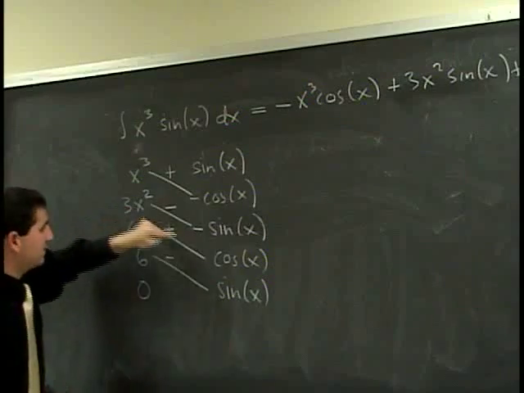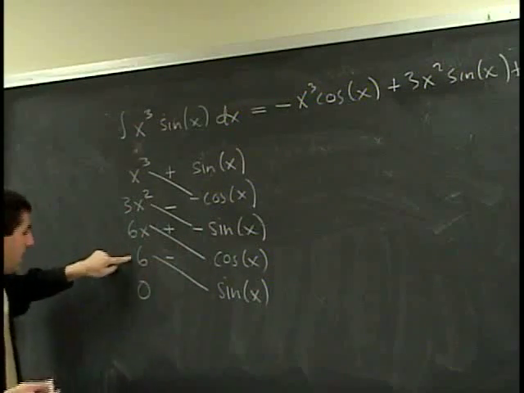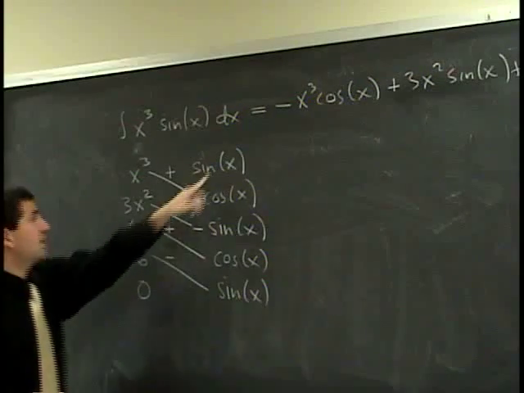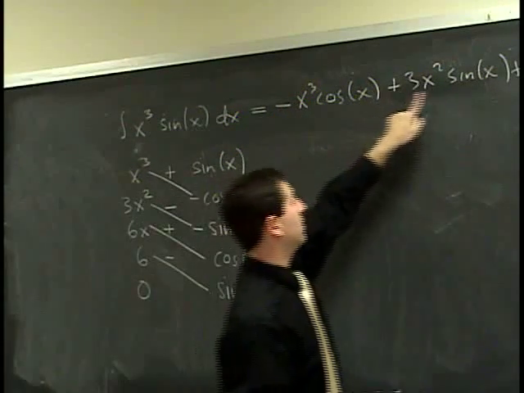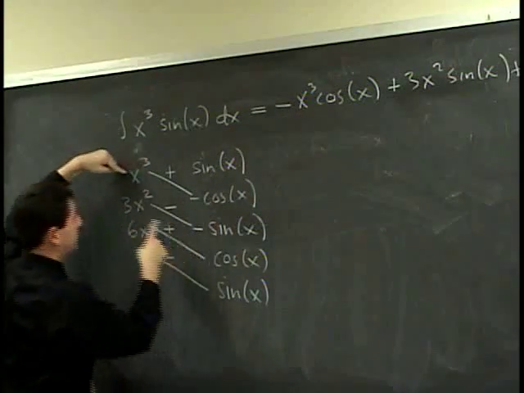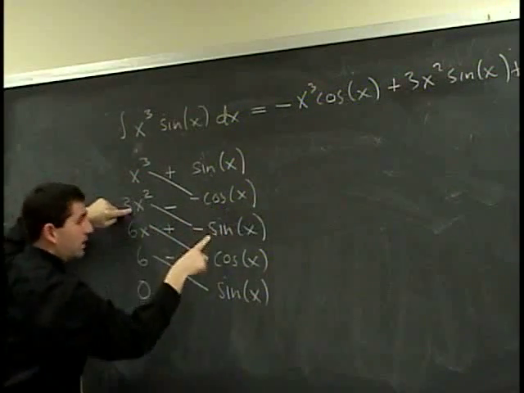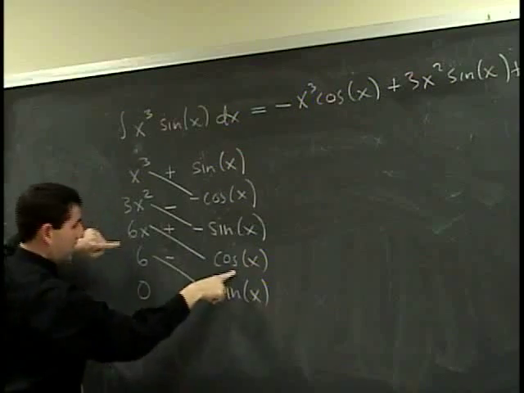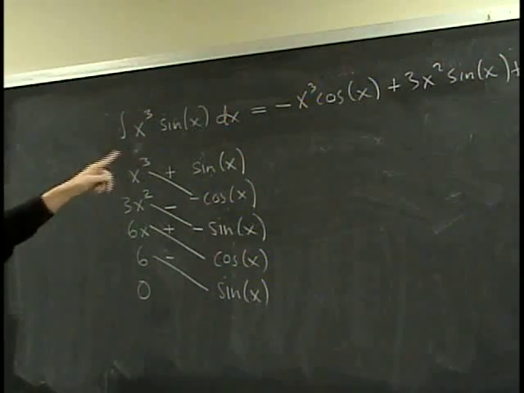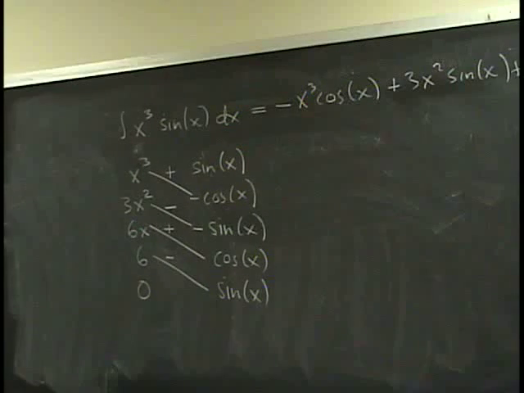Here you have positive, positive, positive, positive. Positive, positive, negative, positive, negative. So that's the first thing I can do, I can get the signs. And then to get the actual function, I just multiply x cubed and cosine of x, 3x squared sine of x, 6x cosine of x, 6 sine of x. And you'll see that's exactly what we get out.